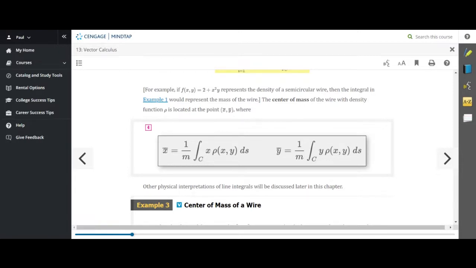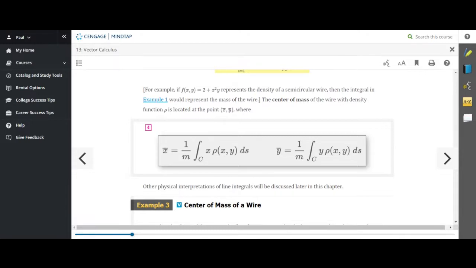How many have heard of the center of mass of a wire with the density, located at that centroid? How many have seen formulas like this? Good. And hey, there are those line integrals right there for the center of mass. So it comes up in physics courses. Excellent.